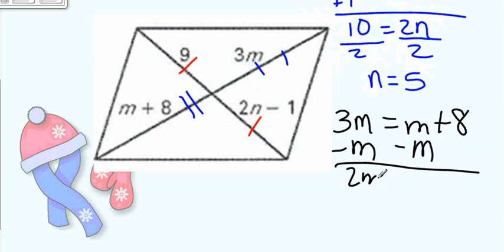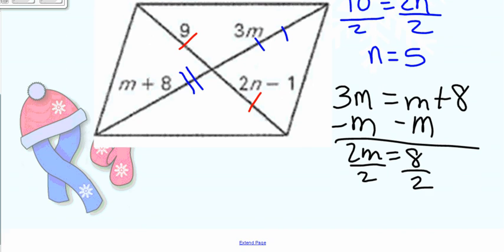So we'll have 2m equals 8, divide by 2. So we get m to have a value of 4. Okay? So diagonals are kind of like sides. All you can really do with them is set them equal. Okay, so diagonals and sides will set equal for parallelograms.